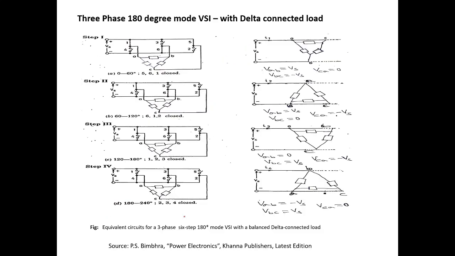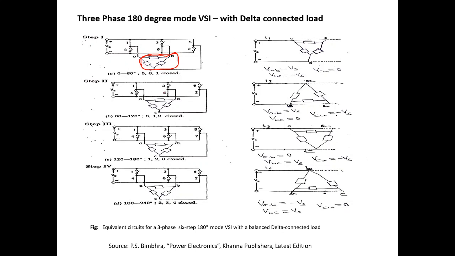Coming to the delta connection, again replace the load for step 1 and step 2. For each step, you are going to have a similar equivalent circuit diagram, except on the load side we have the delta connected load.